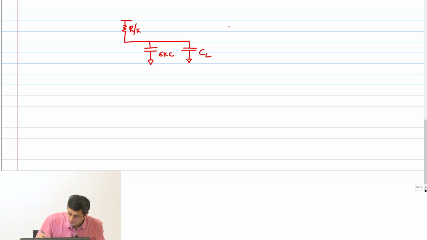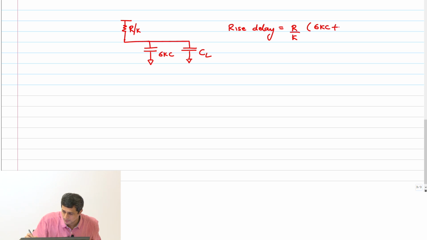And therefore, rise delay on upsizing will become R by k into 6kC plus CL. This I can further simplify as 6RC plus R into CL by k.